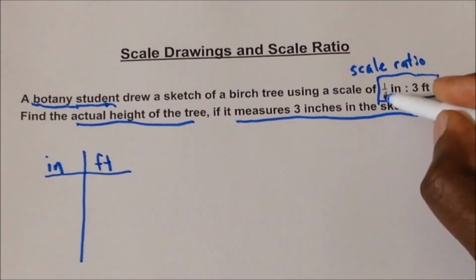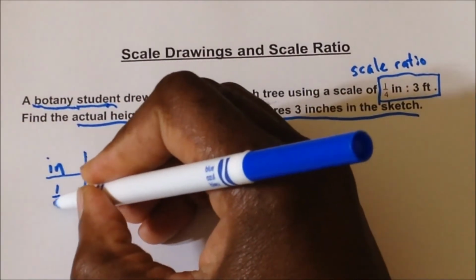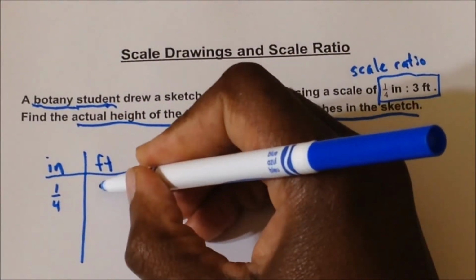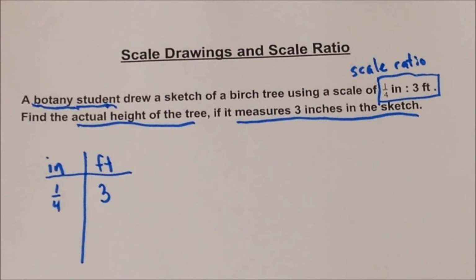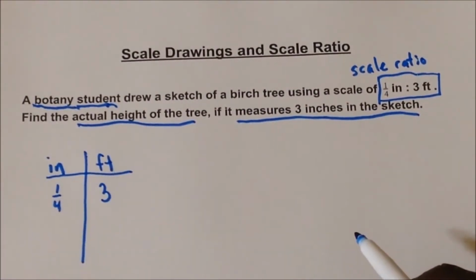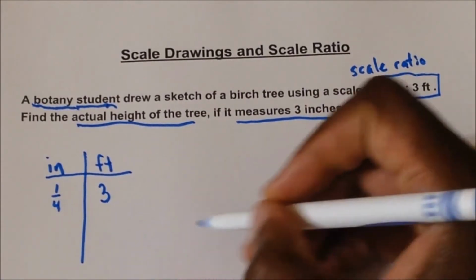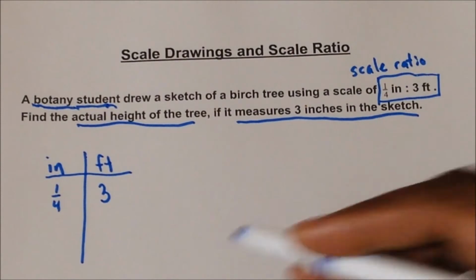It's 1/4 of an inch, and it yields 3 feet. So for every 1/4 inch in the sketch, it's 3 feet in the actual tree.